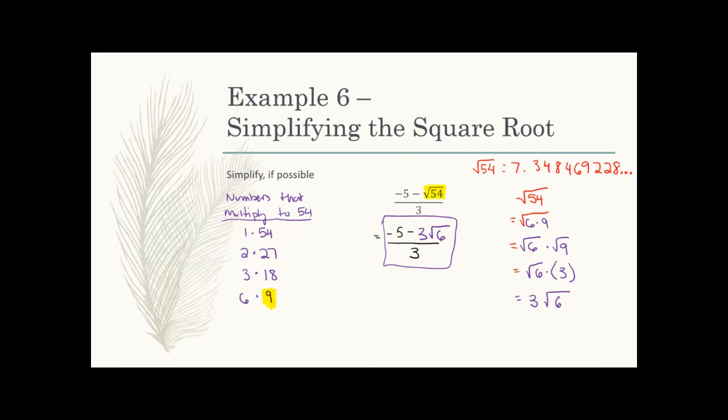And if you wanted to, you could split it up so that it was negative 5 over 3 minus 3 square root of 6 over 3. So you can actually split this up into 2 separate fractions. If you do that, then you can cancel out those 3's. So then you get negative 5 over 3 minus the square root of 6.